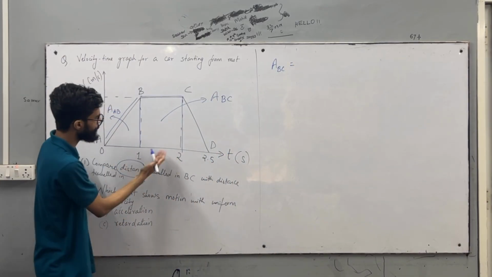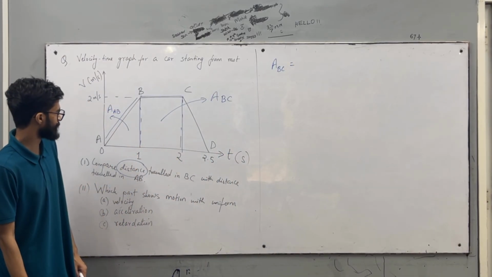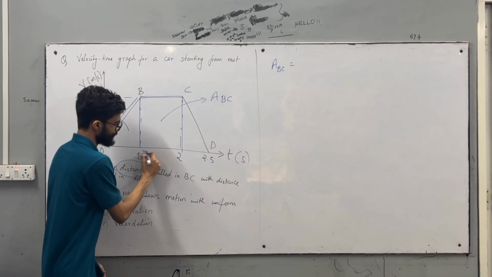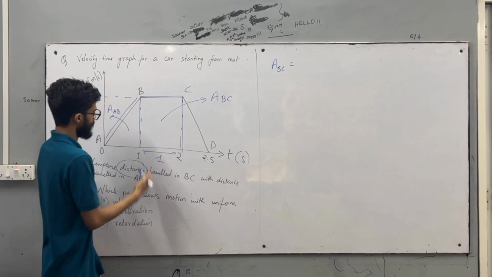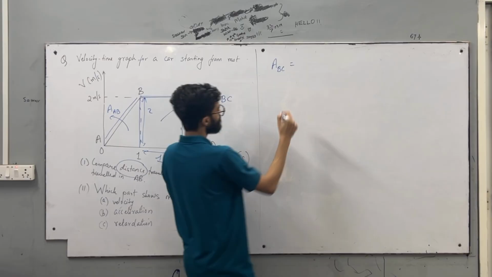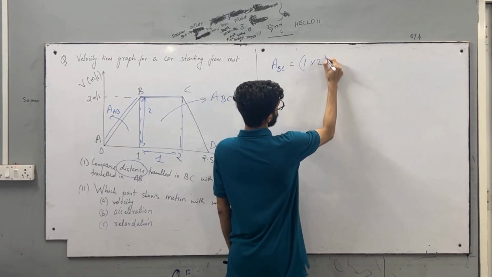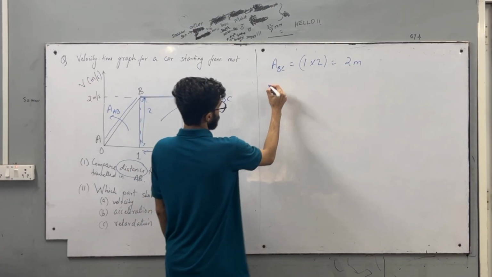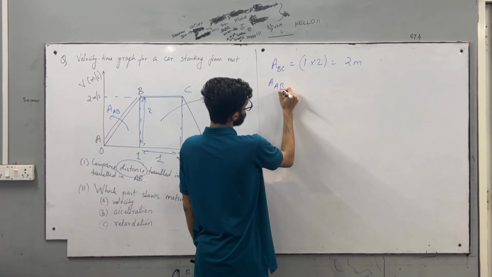So this shape, it's kind of a rectangle. So इसका length कितना है? 1 से 2 गया, this is 1, and 0 से 2 गया, तो this is 2. So area of BC is 1 into 2, which is 2 meters. Now area of AB.